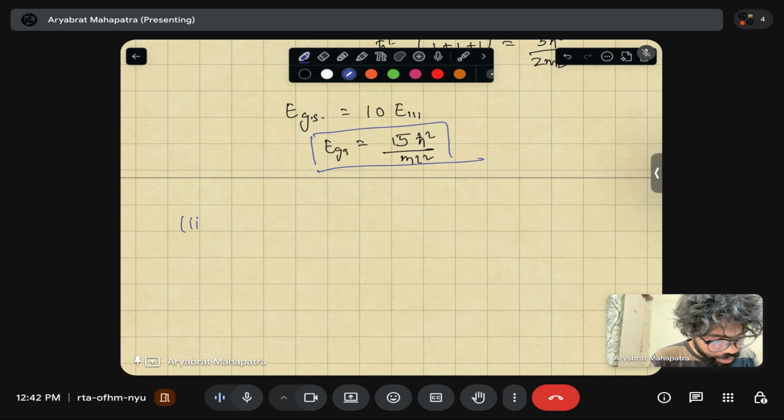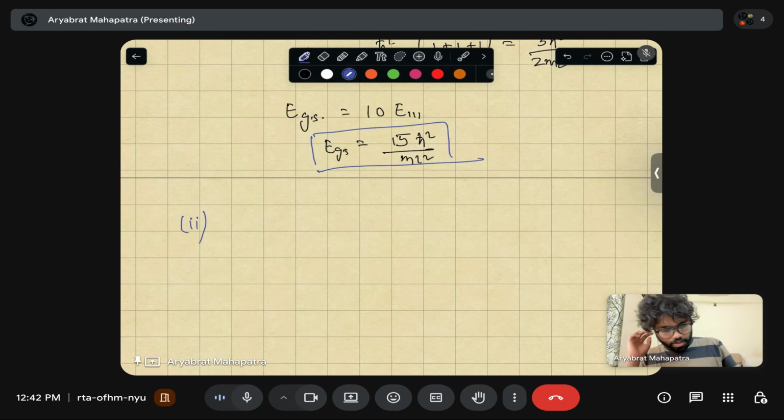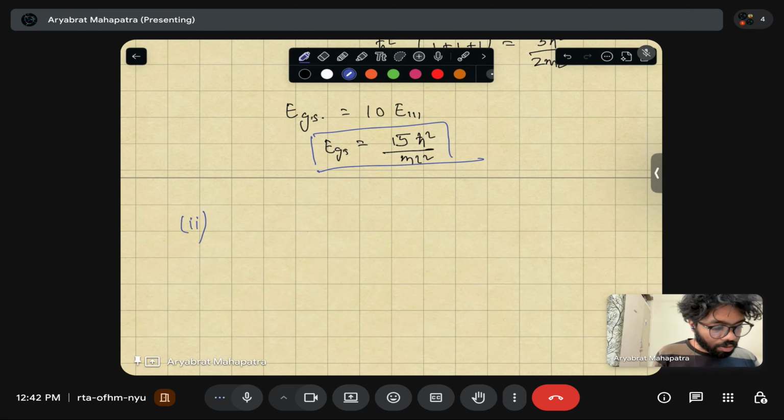Then for Fermi-Dirac, you cannot place any two fermions together in the same quantum state, by virtue of the Pauli exclusion principle.